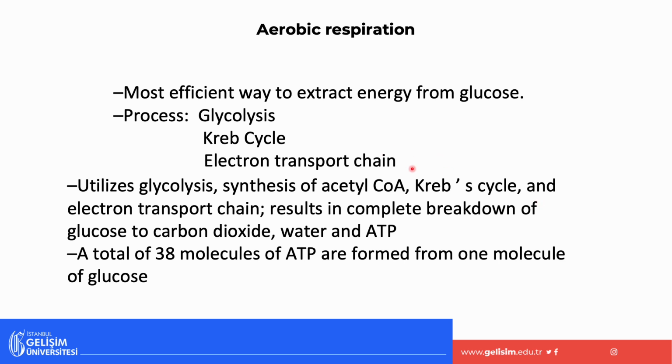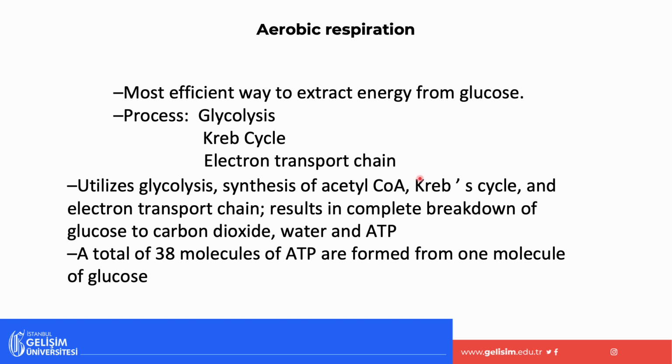Then we have the electron transport chain. This is the final stage of cellular respiration, which takes place in the inner membrane of the mitochondria of cells. It involves the transfer of electrons from NADH as well as FADH2, that's flavin adenine dinucleotide. By the way, FADH2 also gets produced in the Krebs cycle. I should have said that earlier.